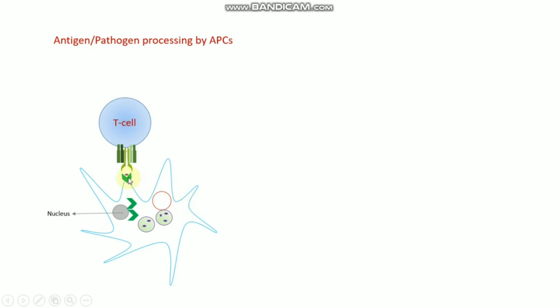Once it is associated with that antigen and displayed on the cell surface, this antigen is recognized by the respective T cell receptor, and then the T cell gets activated with the help of other co-stimulatory factors.